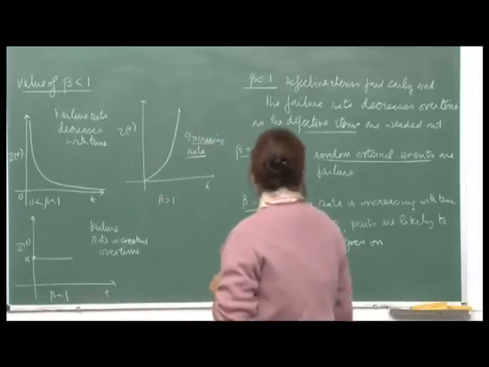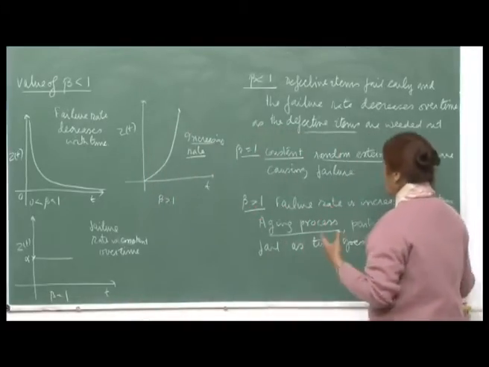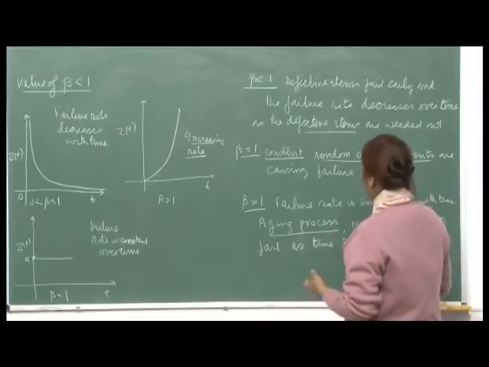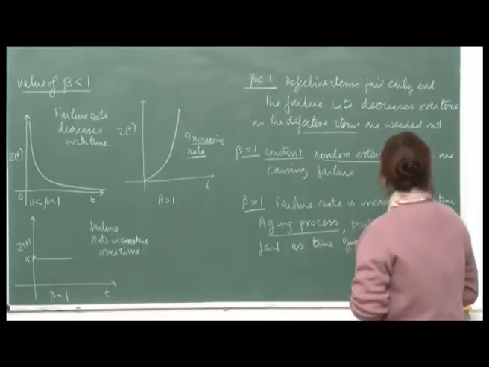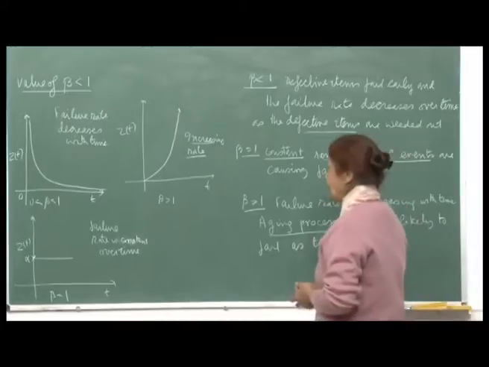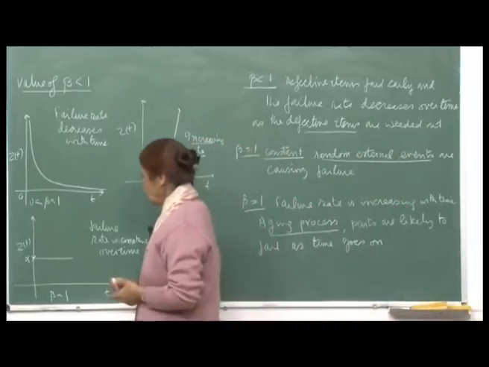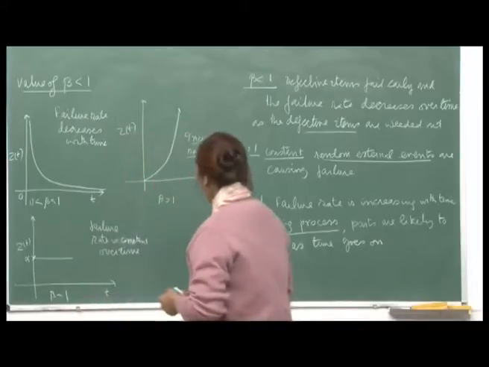That is an external event, and many others can be explained, high wind and so on. High tension wires can snap. So, for beta equal to 1, because the failure rate is constant, it is understood that external events could be the reason for the failure.